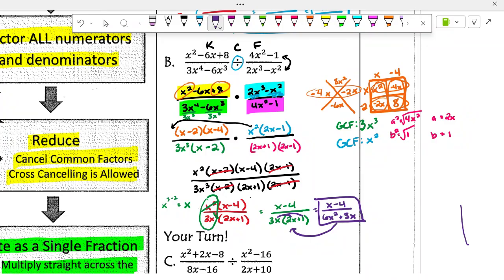That's division. And then it's a couple of steps. KCF, keep change flip. All I know is it's a flip. Oh, so you're gonna multiply. That's not gonna be division. Times 2x plus 10. Yeah, 2x plus 10.